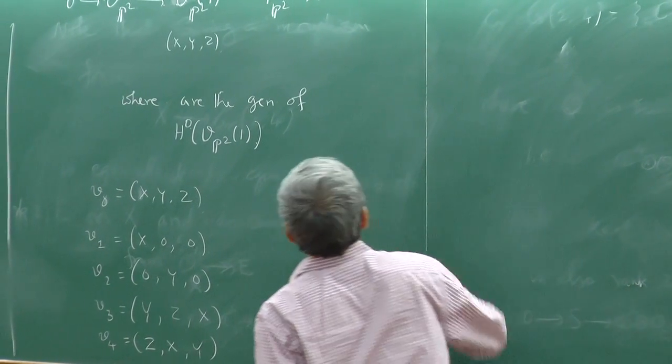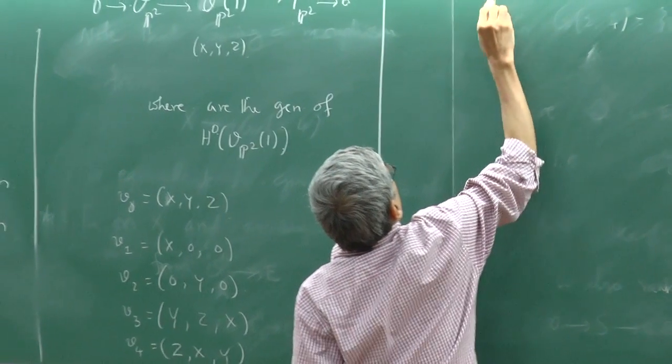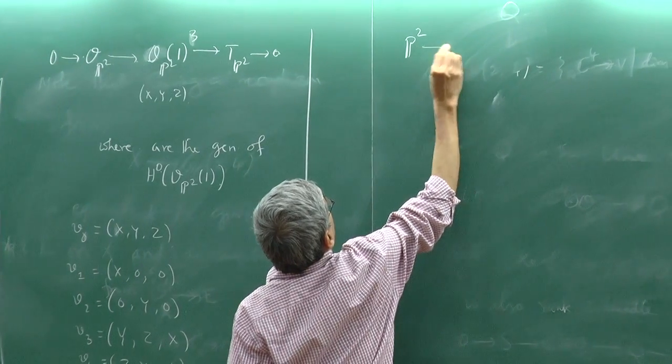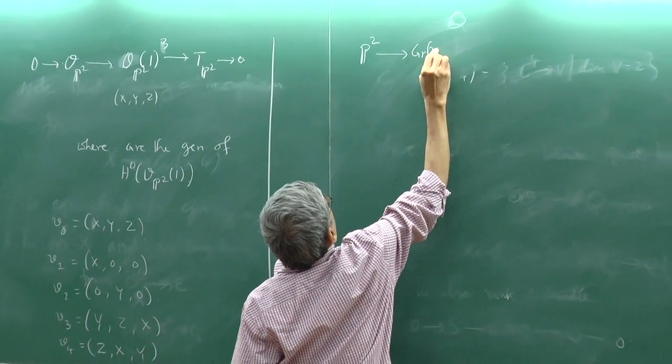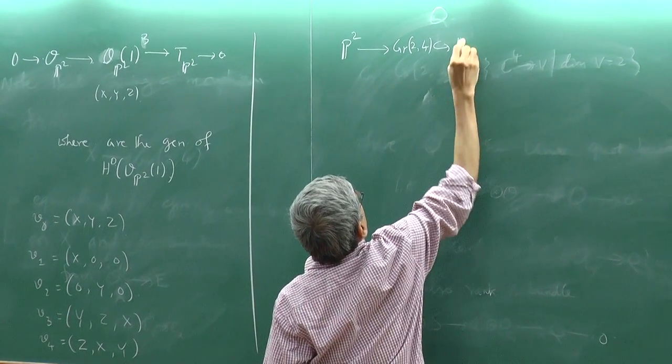Then we prove that the corresponding linear system, which is given by T2 to GR T4, which is contained in T5.